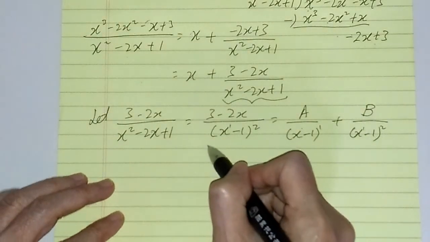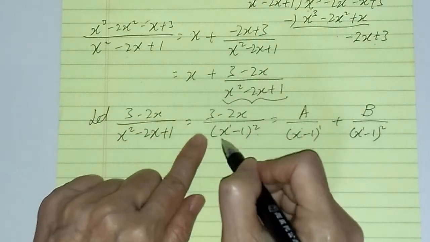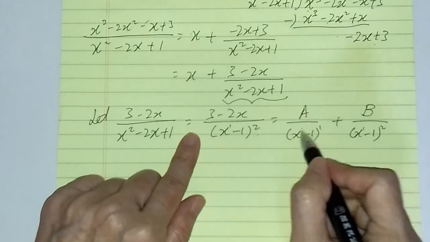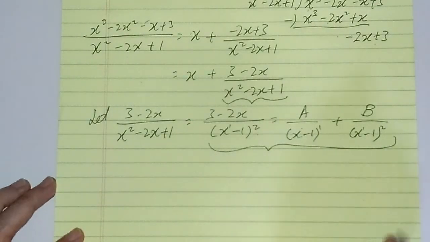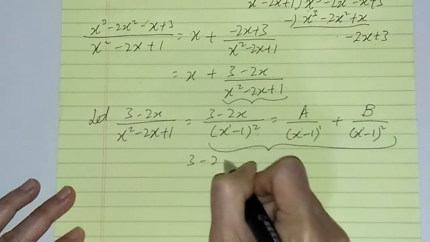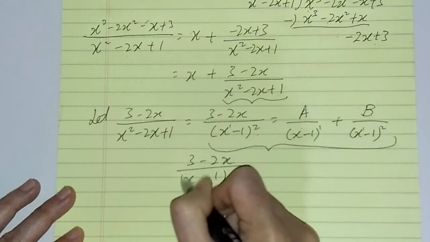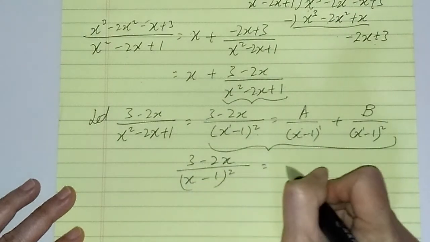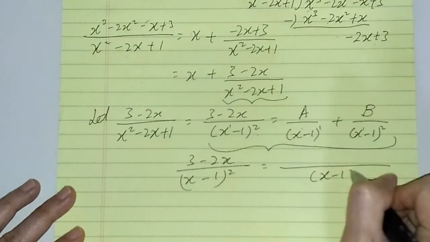So now we have simplified this into this form, and we let this part into 2 fractions. So now we want to solve A and B. Combine the 2 fractions.